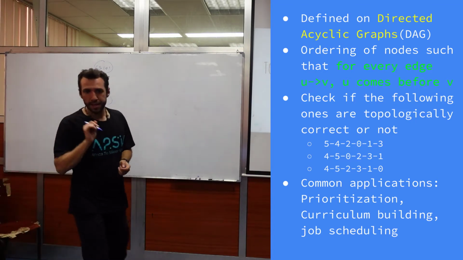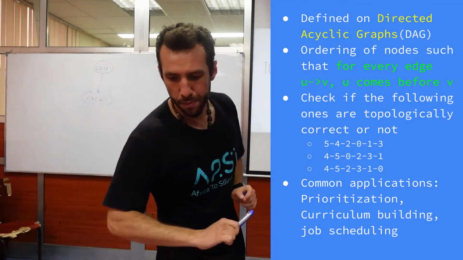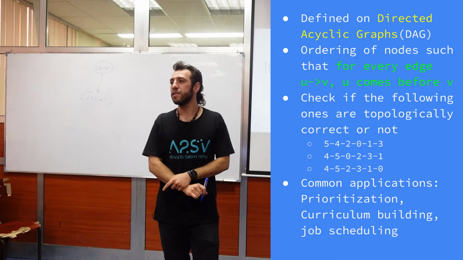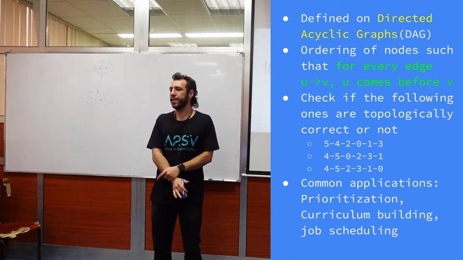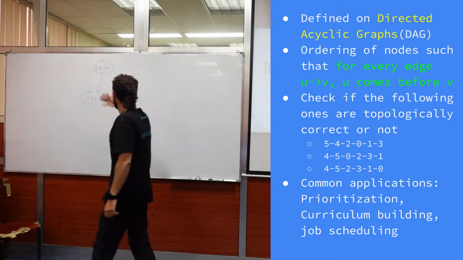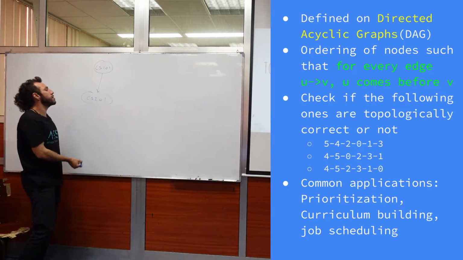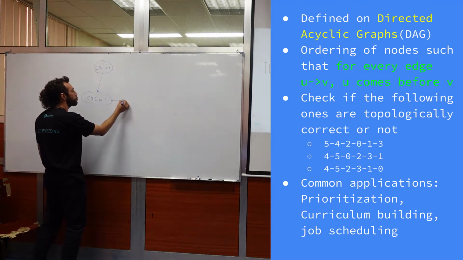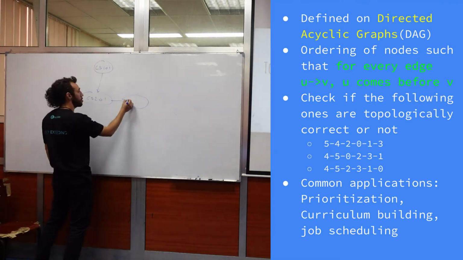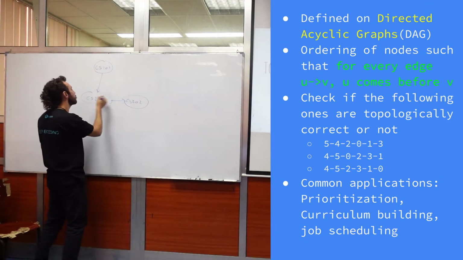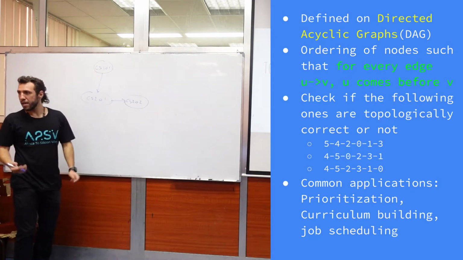And now let's take a look at the second property of this graph, which is that the graph has to be acyclic. What does that mean? So we are trying to build a curriculum here, let's say. And 201 is depending on 101. And CS 202 is depending on 201, which makes sense.